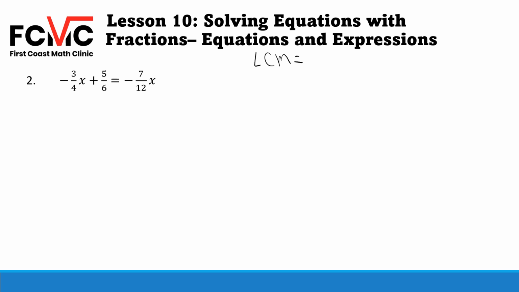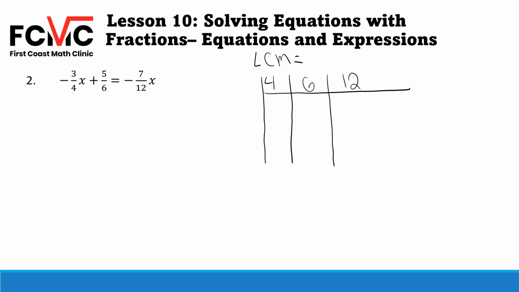But let's find the least common multiple for our values 4, 6, and 12 to start. I'll put our values off to the side. So we've got 1, 2, 3, and 4. And our multiples for 4 are going to be 4, 8, 12, and 16.